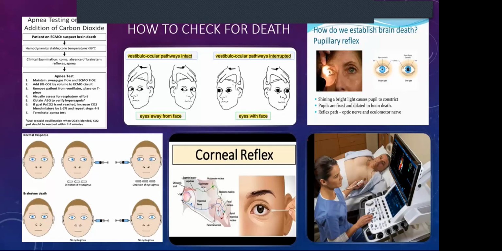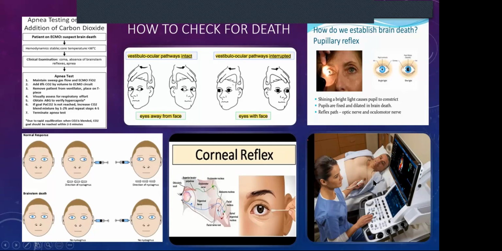If you instill it in the left ear, your patient should either look or have nystagmus towards that side. That's the reflex, and vice versa for the right side. If the patient has passed on, there's no reaction whatsoever. So these are the 4 common ones that you can do at the bedside normally.